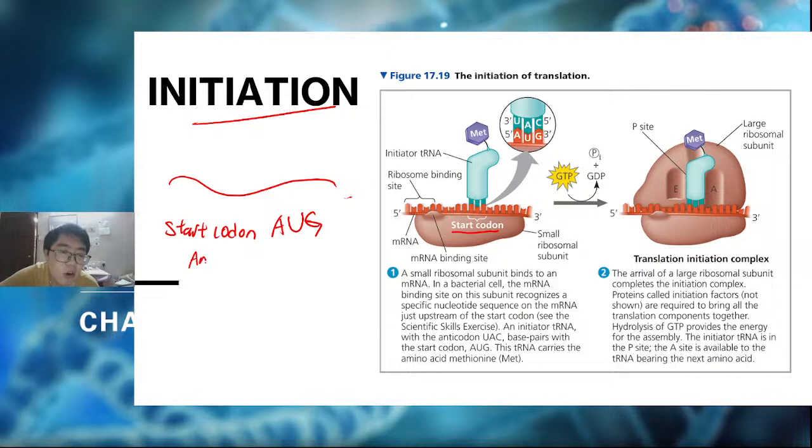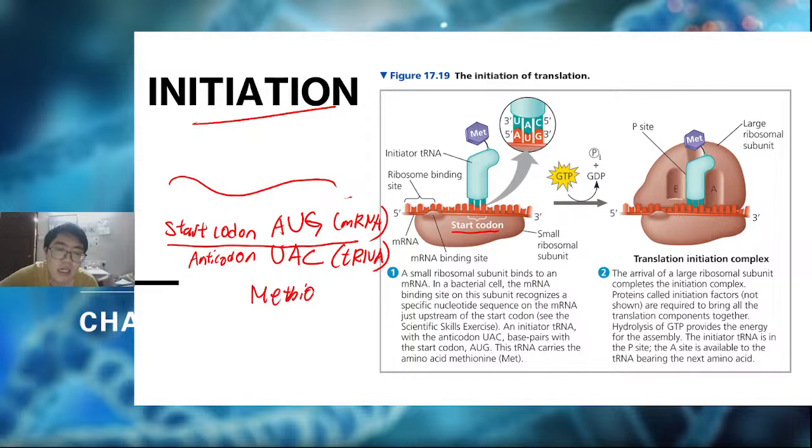The anticodon will be the complement of AUG, so UAC. The start codon is for mRNA, this is the sequence for mRNA. The anticodon is for tRNA. And the start codon AUG is coded with methionine.